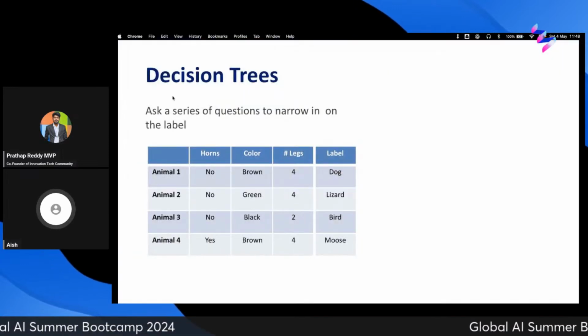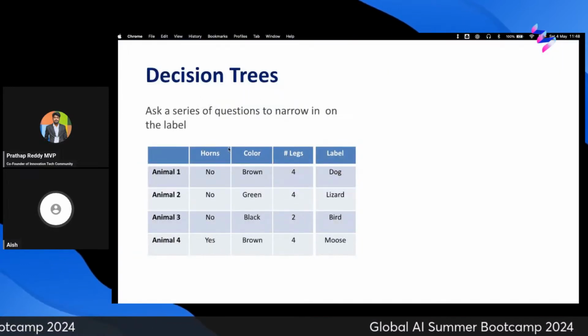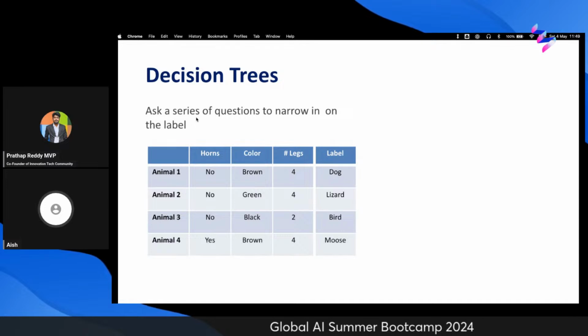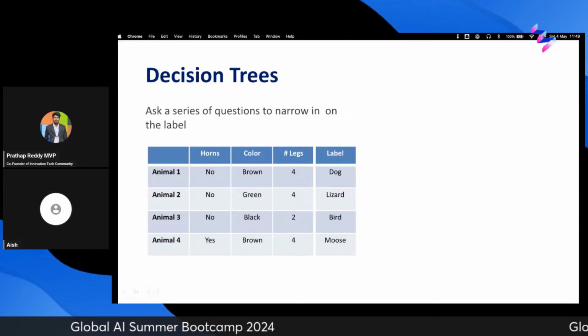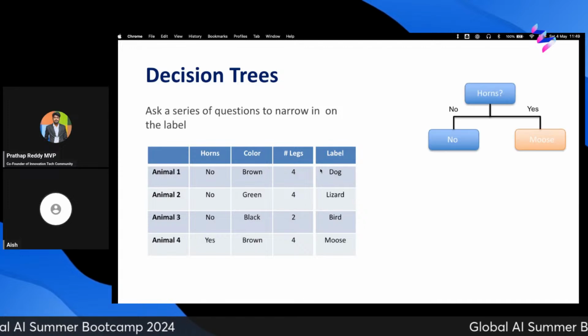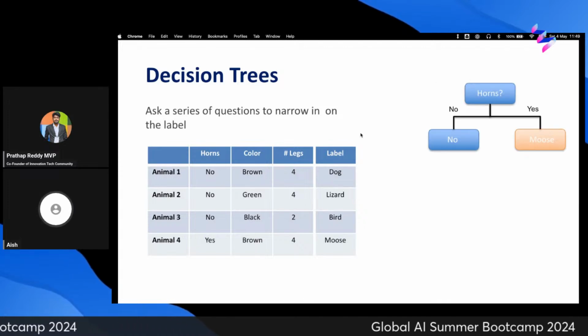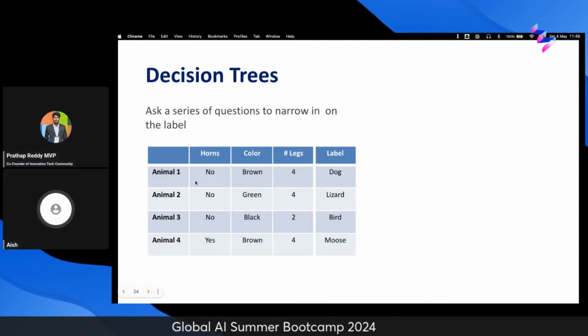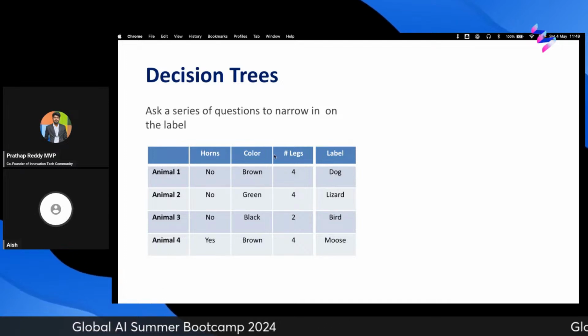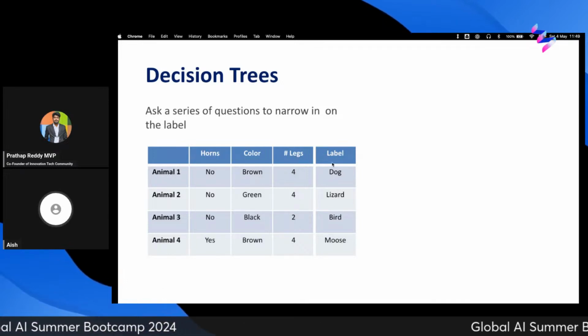And then we have decision trees. In decision trees, what happens is that you ask a series of questions and narrow down on the label. Let's take a quick example. If I give you this particular sample data, this is animal 1, this is animal 2. They have horns, this is the color, these are the number of legs, and these are the labels.